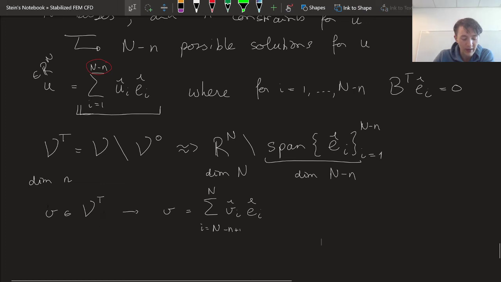I'll be able to write any function in that space as a sum over these leftover bases.